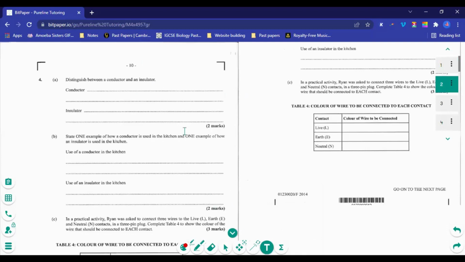So remember, all of this is going to be based on what we just discussed. The first question here is to distinguish between a conductor and an insulator. So I'll just write something shorthand. What you'll put is just one mark, so we know that conductors allow electricity or heat to freely flow through them.